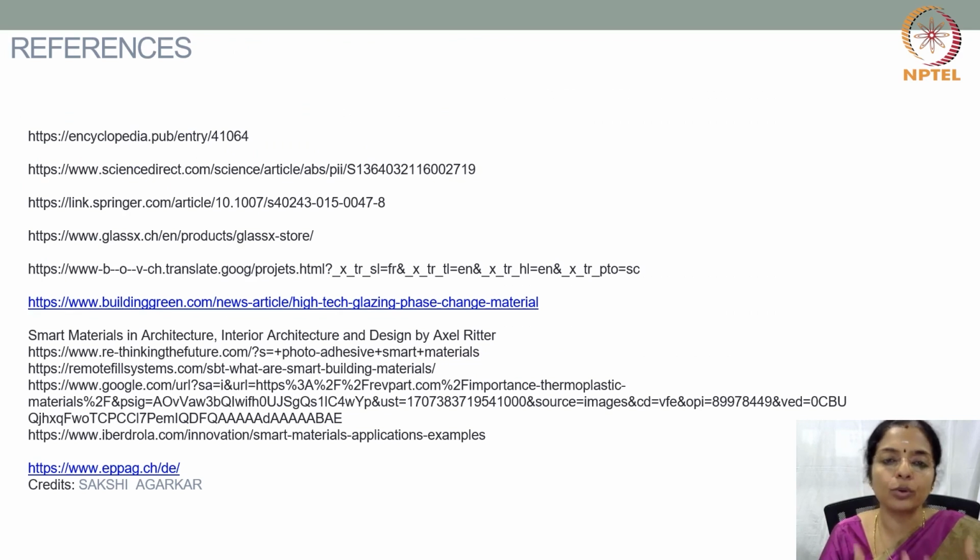You can use it as glazing, you can use it in blocks, you can use it as part of the roofing material, flooring material, along with plaster, for a lightweight wall. So today we saw phase change materials integrated in windows and a little on how it can be integrated in the other building components also.